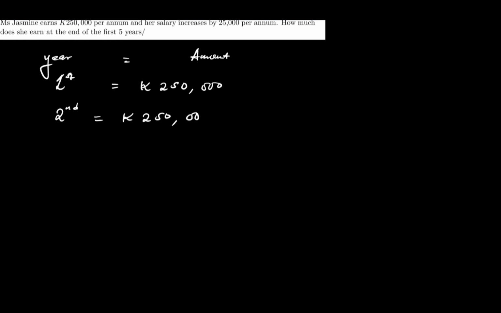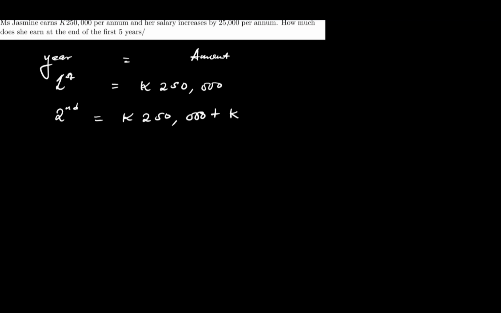So let's just say year and amount. We know that in the first year, this person got about 250,000 kwacha.